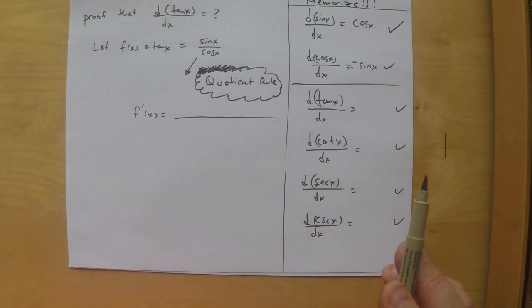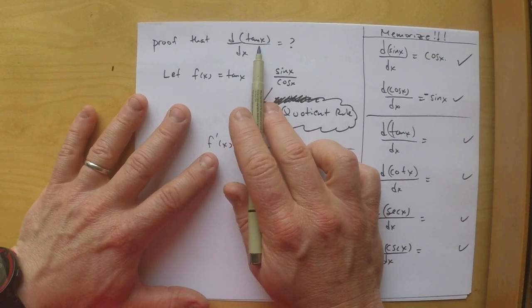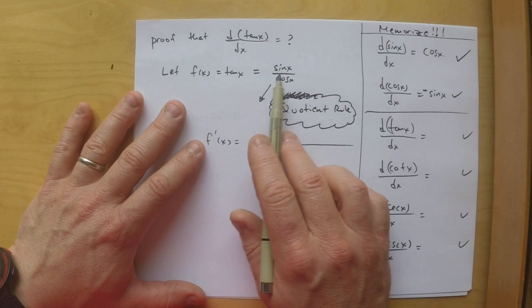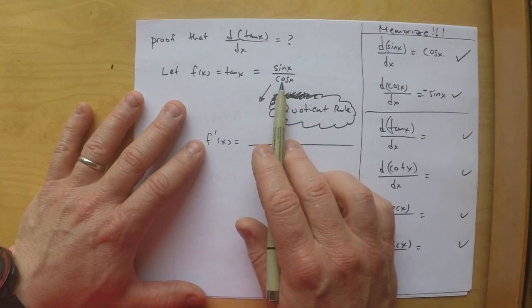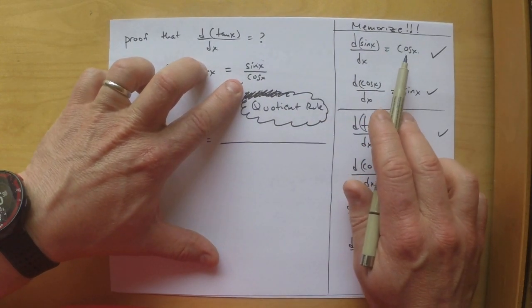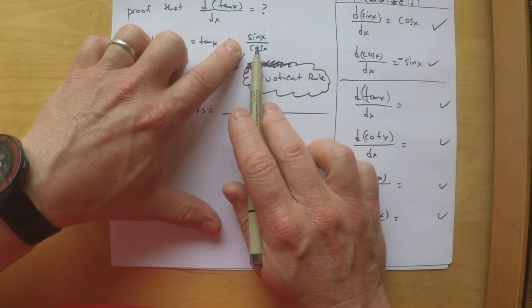So what we're going to do for tan, instead of using limits, which are kind of cumbersome and awkward, we're going to write tan using a trig identity. Remember, tan is sine over cos, and if we can write tan as sine over cos, and we know the derivative of sine and cos now, we can now use the quotient rule, because tan now is a quotient.